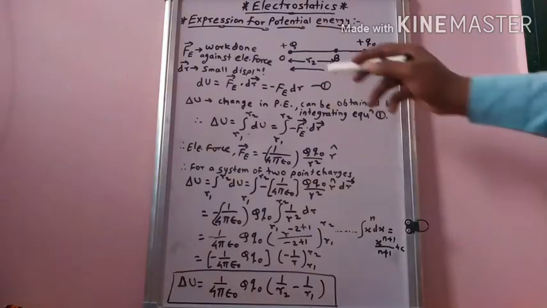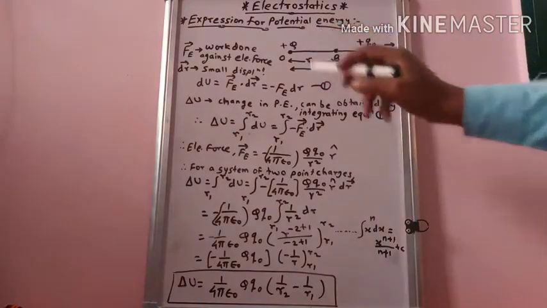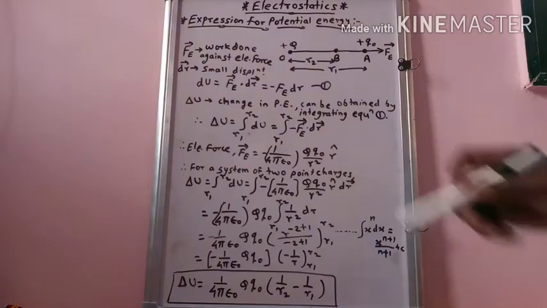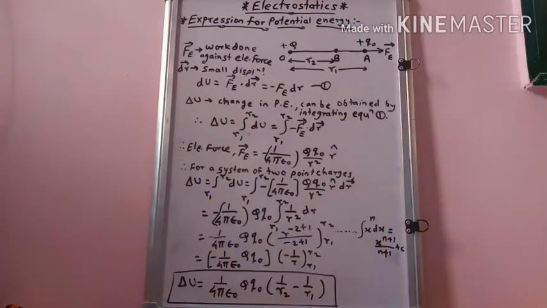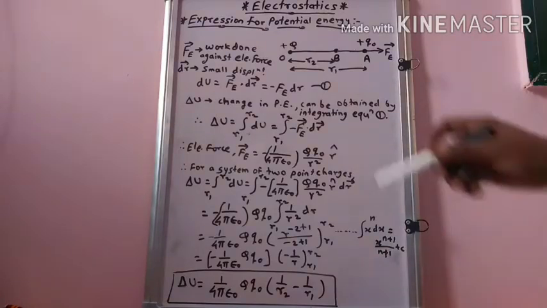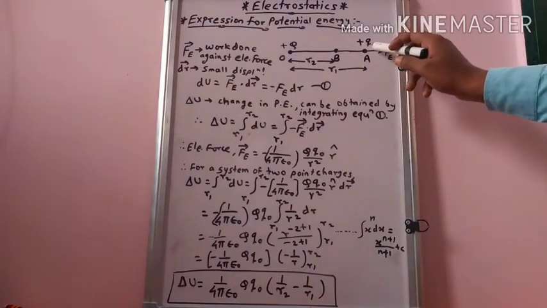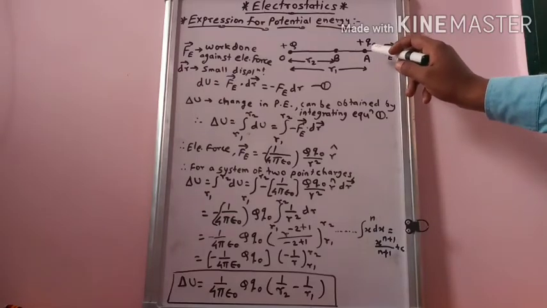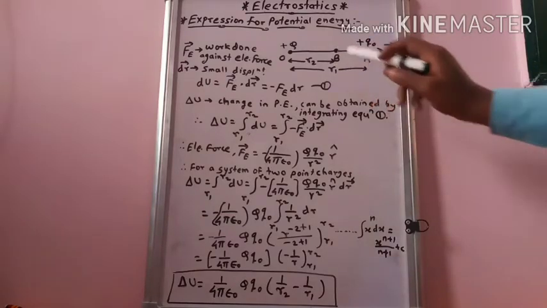Because both charges are positive, a repulsive force acts between them, and this small charge plus q0 is brought from point A to B.